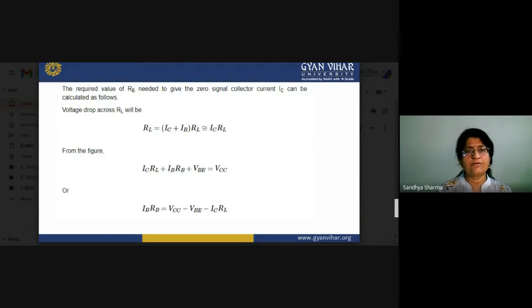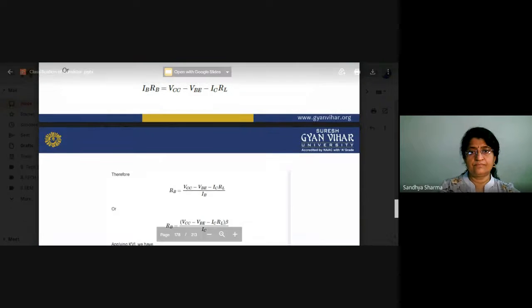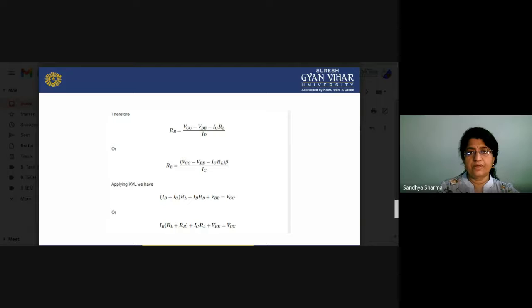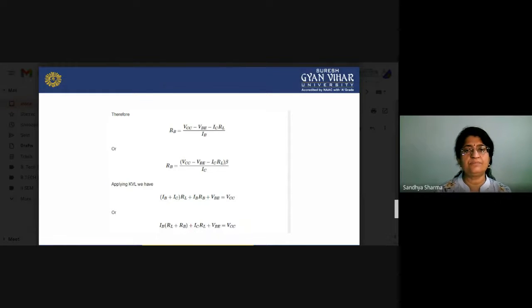So we can see that IC RL plus IB RB plus VBE is equal to VCC. If you want to calculate IB RB, you can write it in this way. Therefore RB is equal to (VCC minus VBE minus IC RL) upon IB.